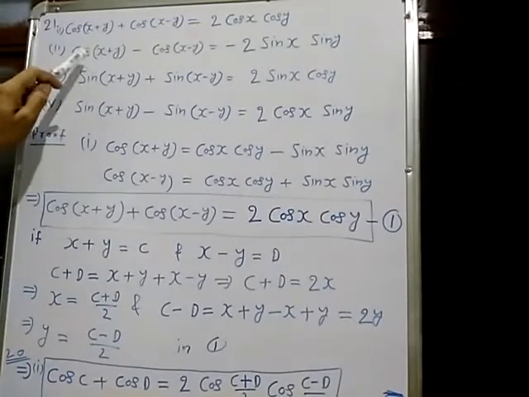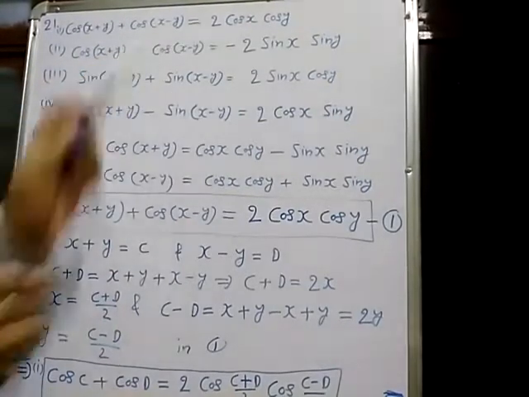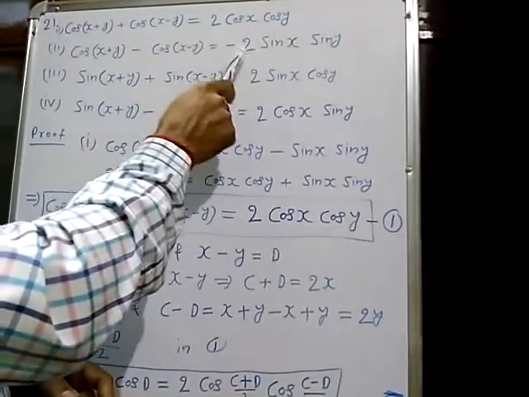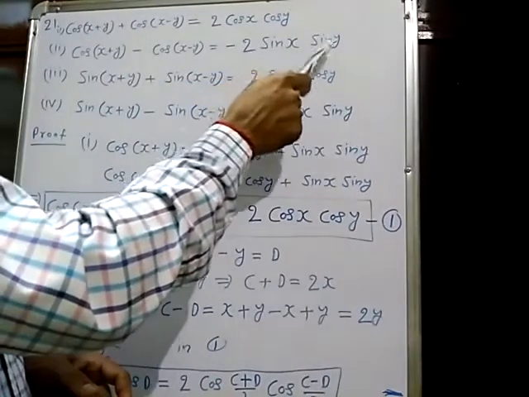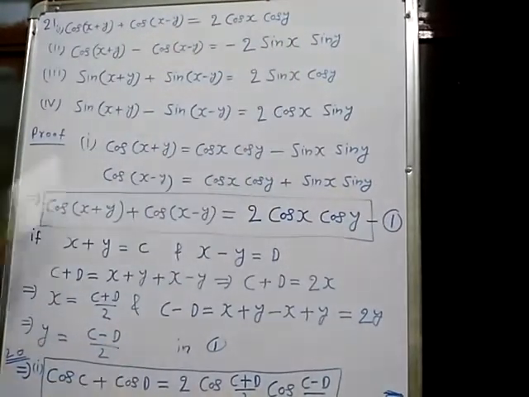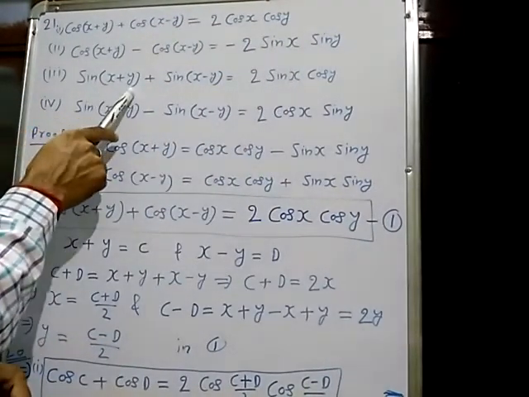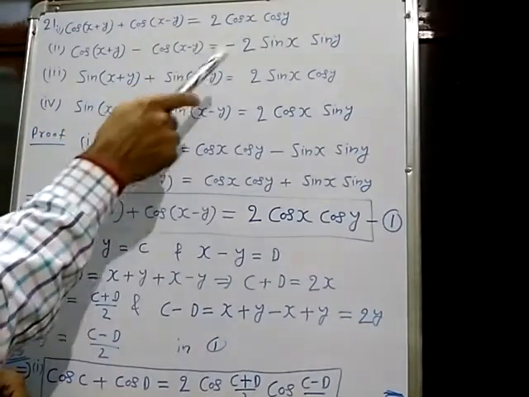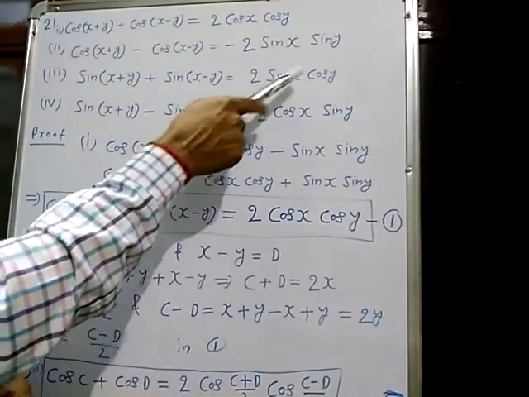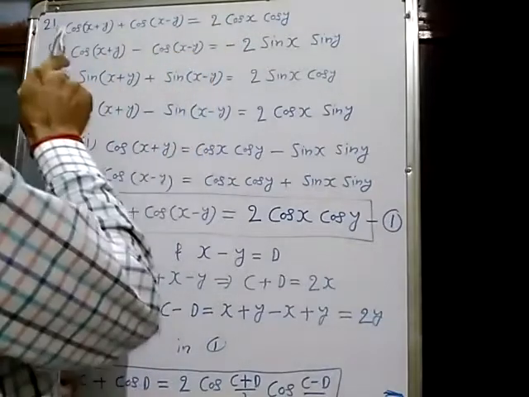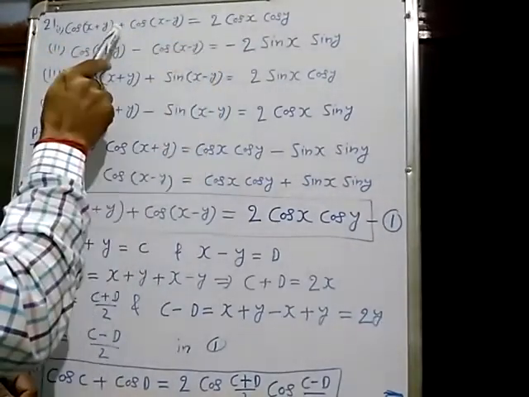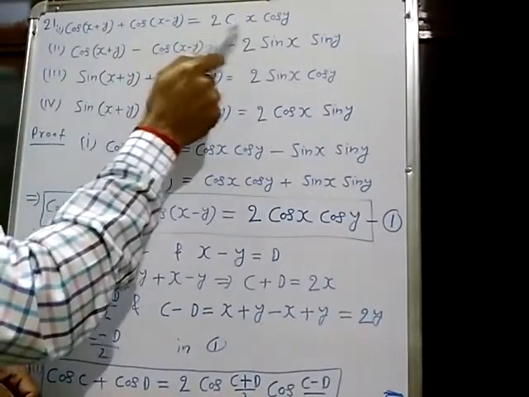Next, the second one, cos(x+y) − cos(x−y) is equal to −2 sin x sin y. Next, sin(x+y) + sin(x−y) is equal to 2 sin x cos y. In the case of cos, in positive both are cos, 2 cos x cos y.